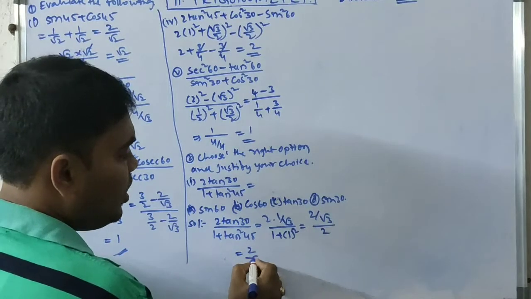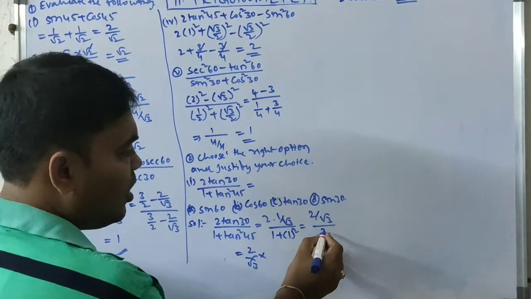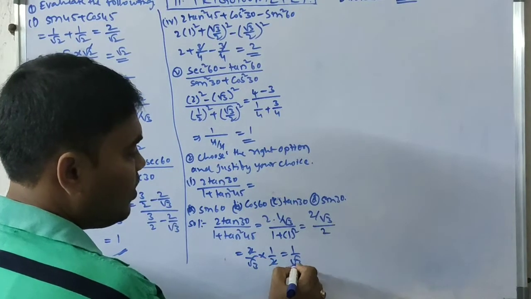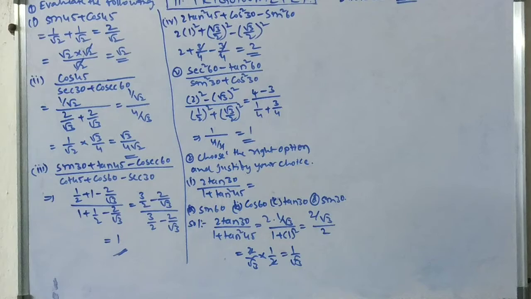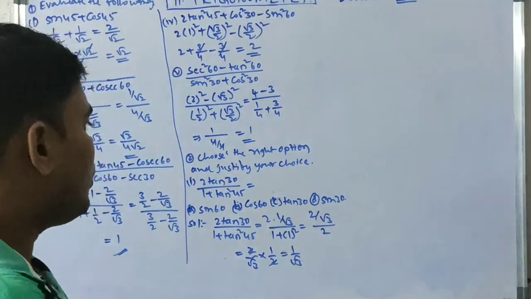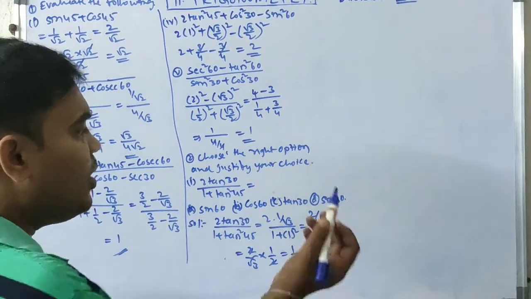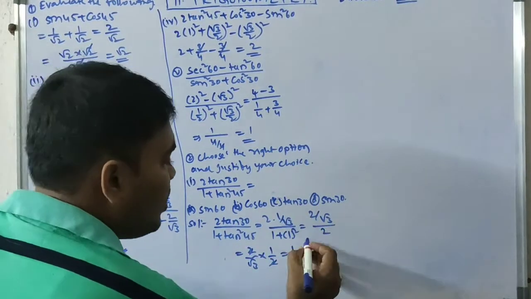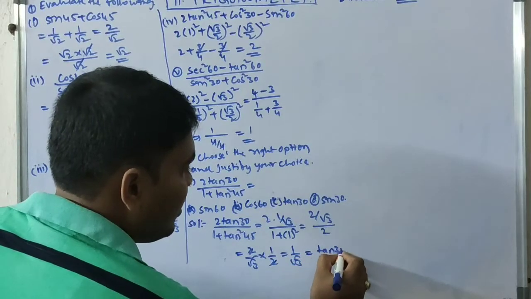So 2 by root 3 into, this is reciprocal, 1 by 2. 2 cancel, we will get 1 by root 3. Okay, if we observe the answers, sin 60 value root 3 by 2, cos 60 value 1 by 2, tan 30 value 1 by root 3, sin 30 1 by 2. So answer is tan 30.